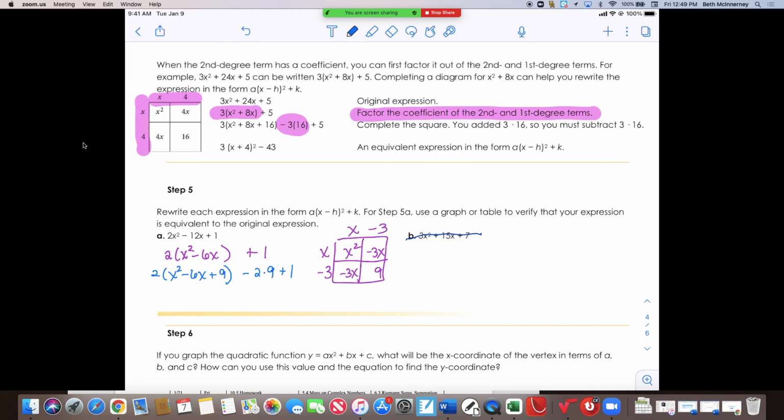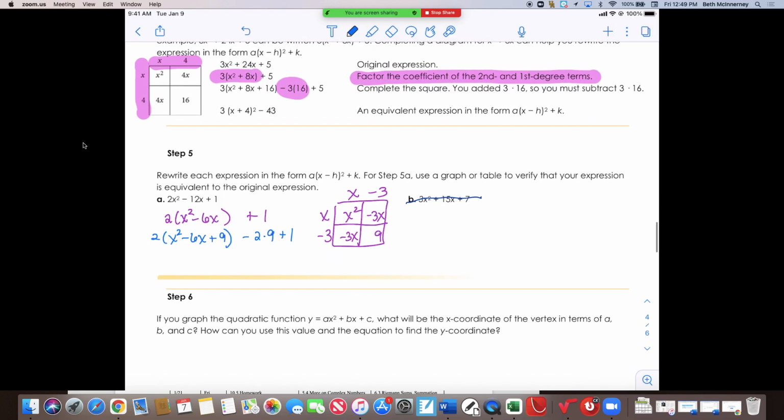Okay, it's the same. So then this is 2 times the quantity, x minus 3 squared, minus 18 plus 1. And that's what? 2 times x minus 3 squared minus 17.